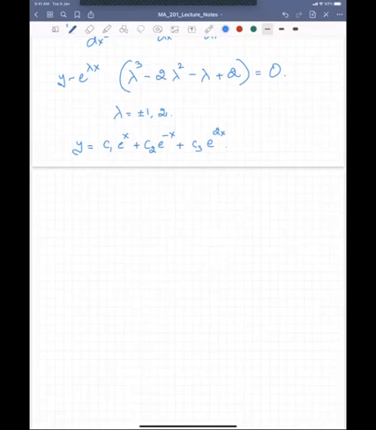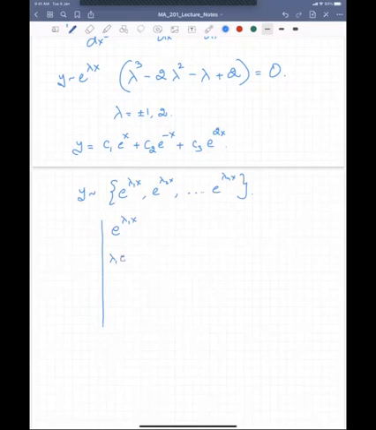So if you form the Wronskian, assuming that your solutions are of the form e to the lambda 1 x, e to the lambda 2 x, where all the lambdas are distinct, right? Then how does your Wronskian look? So you would have y1, and then you would have y1 prime, which brings out one factor of lambda 1. And then y1 double prime, which brings out two factors of lambda 1.